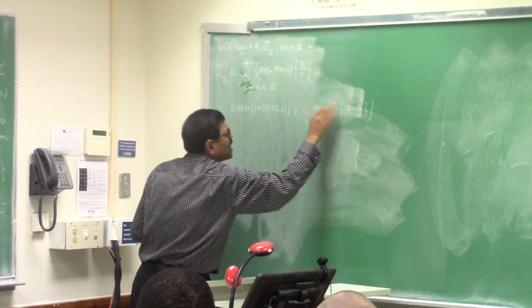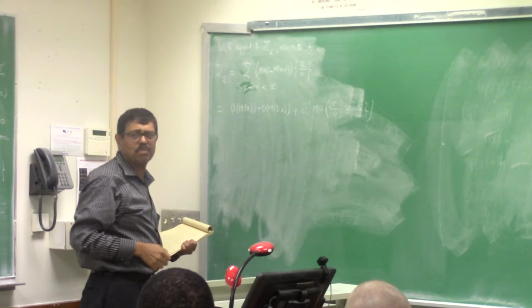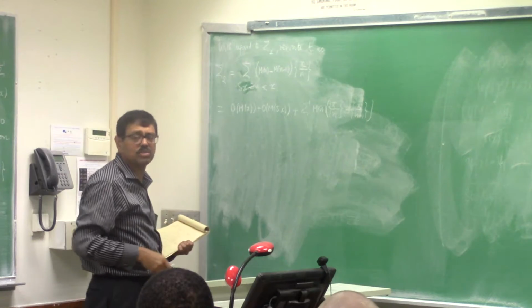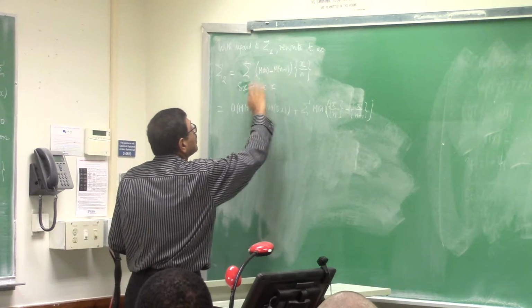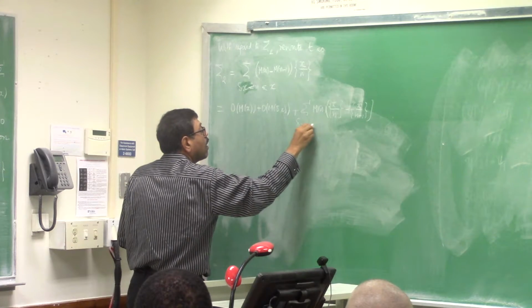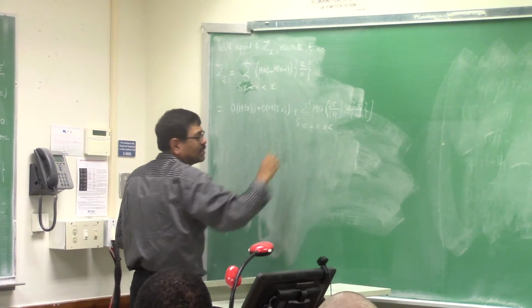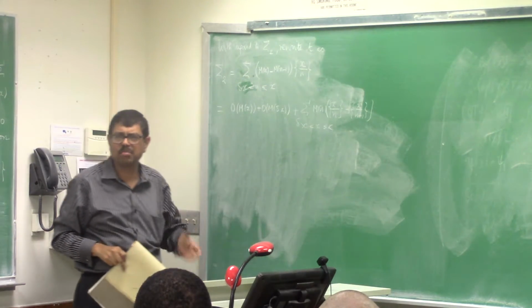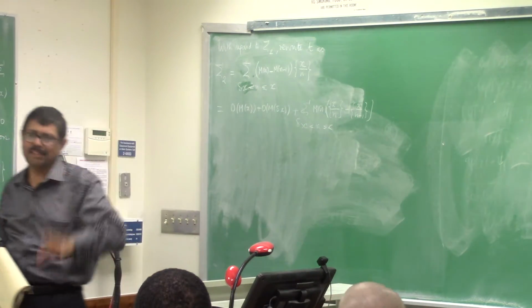Maybe I've got a sign mistake here, but I'm going to put absolute values. I flipped this. You see what I'm saying. I think I've got it right here, but it could be x over n plus 1 minus x over n.